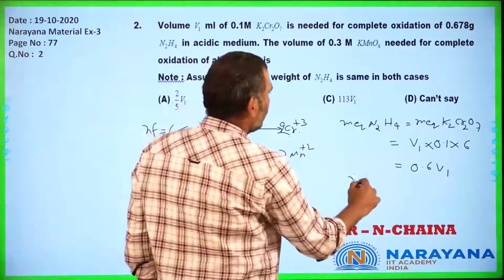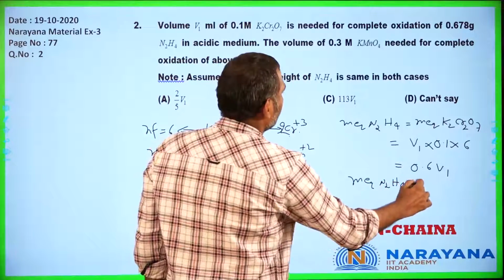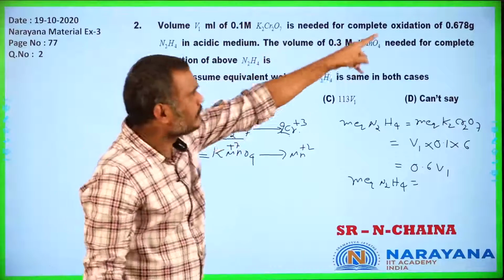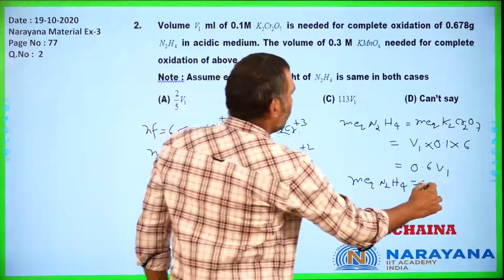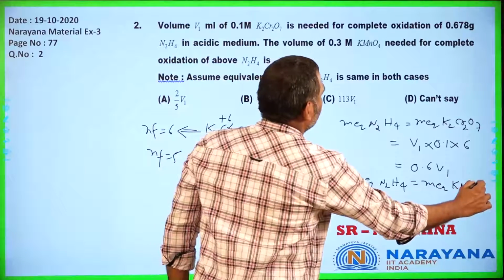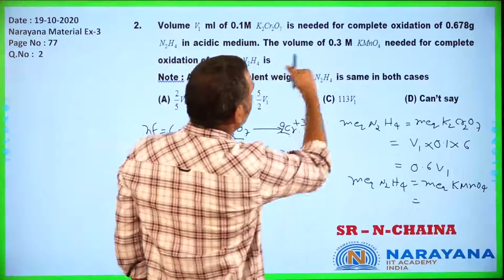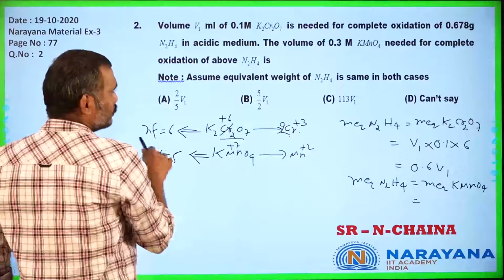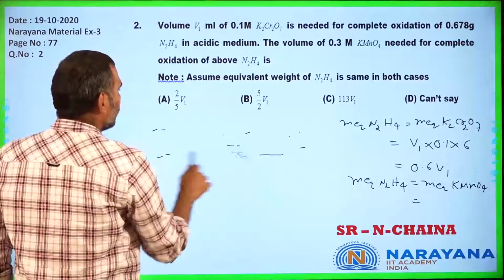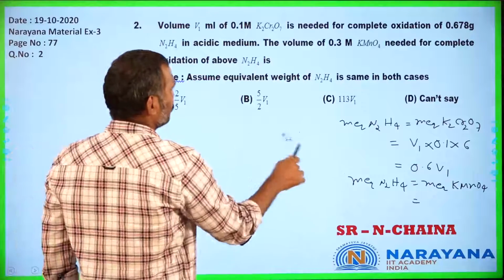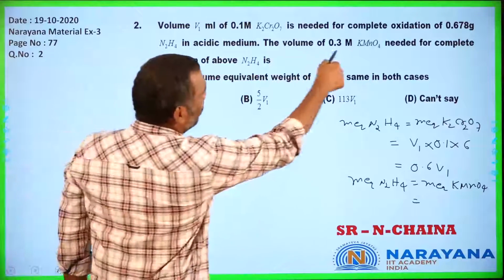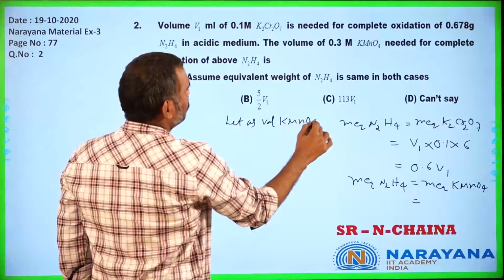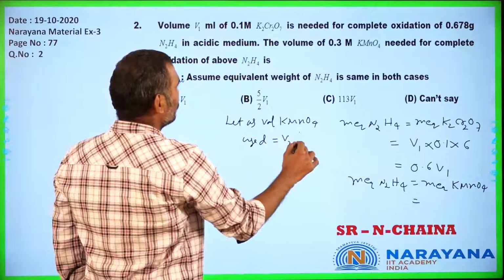Now in the second reaction, the volume of 0.3 M KMnO4 needed for complete oxidation of the same N2H4, that is the same milliequivalents. Let the volume of KMnO4 used be V2 ml.